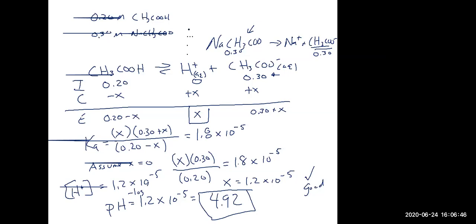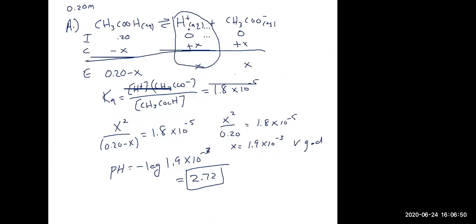Okay, so let's take a look at sort of the comparison of the two. The pH, when we had acetic acid by itself, nothing in it, just the regular weak acid, able to set up its equilibrium, had a pH of 2.72.